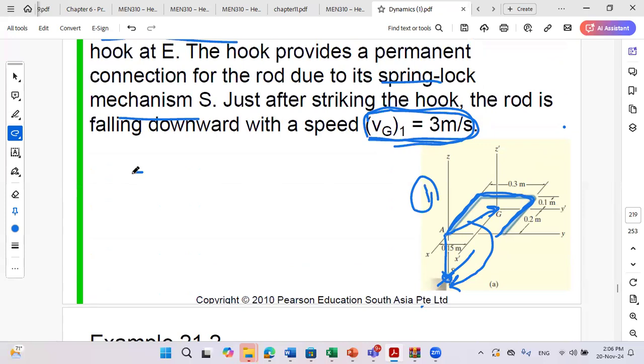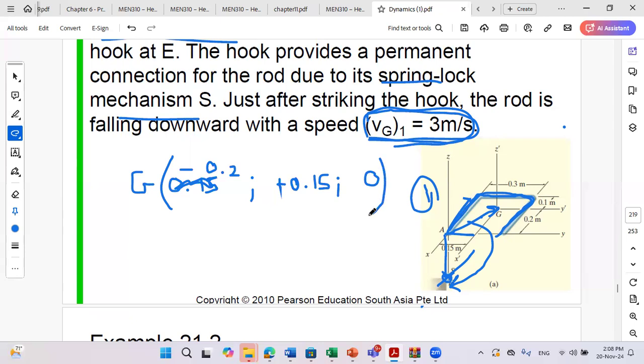If I take A as the origin of X, Y, Z, the coordinates of point G are minus 0.2 along X and 0.15 along Y. For the Z coordinate, A and G are at the same level, so it's 0. These are the coordinates of point G.